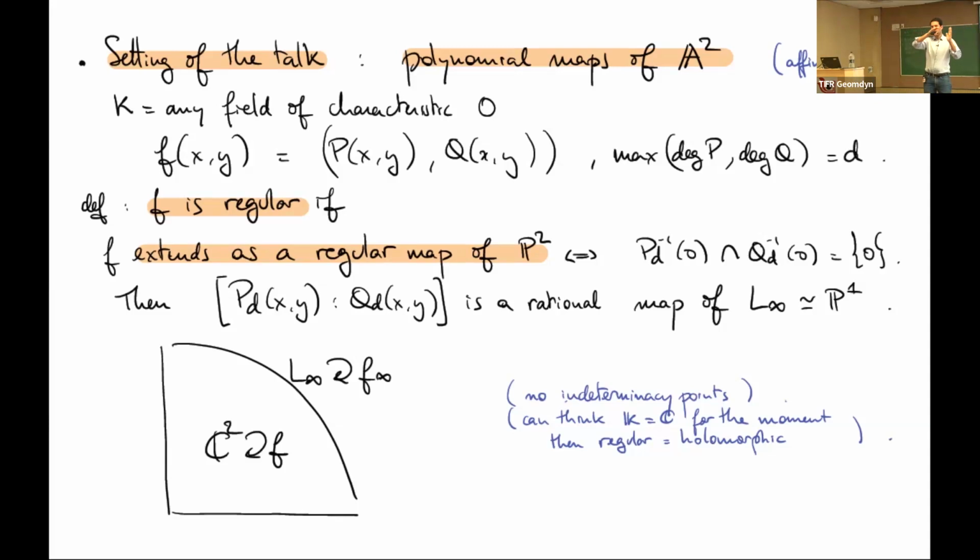You have this map on C^2, you add a line at infinity, and if the map extends holomorphically to infinity, then you have a well-defined rational map at infinity, given by this formula: you look at the terms of highest degree. And again, regular means just holomorphic if you work over the complex numbers. So that's the setting.